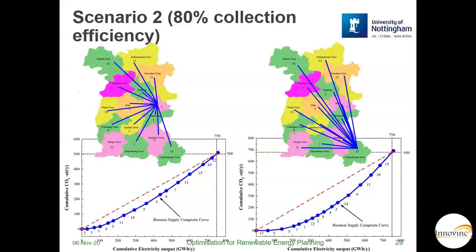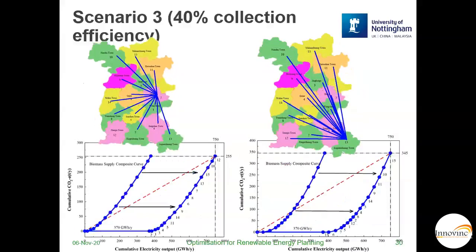If you are going to collect all this biomass in Town 2, given by the left-hand side picture, you will be able to achieve something like 750, still possible. And if it is going down to 40% collection efficiency, which is the immediate implementation, they realize that it is not possible to match what has been targeted up front.